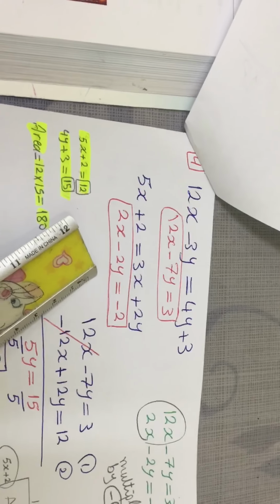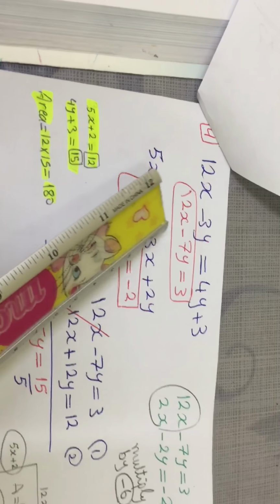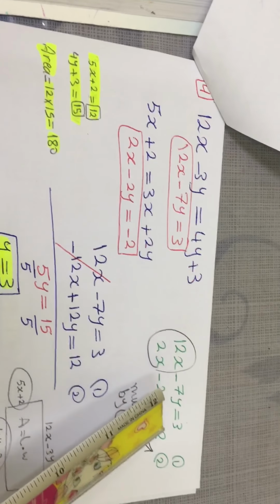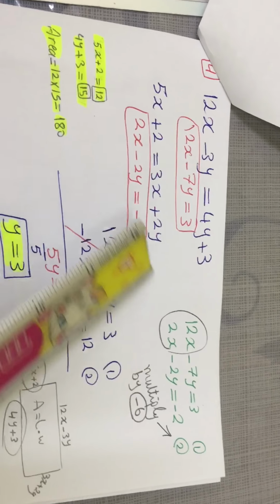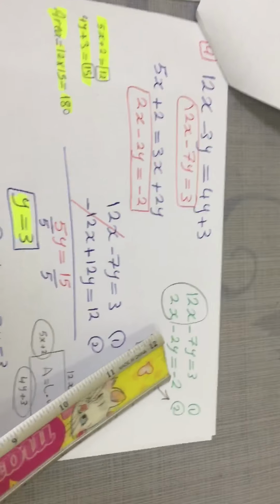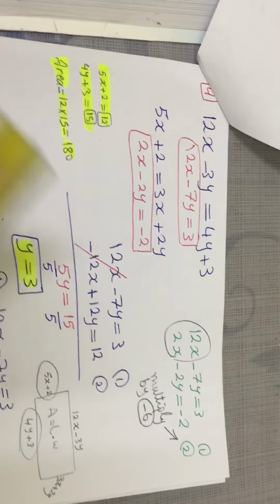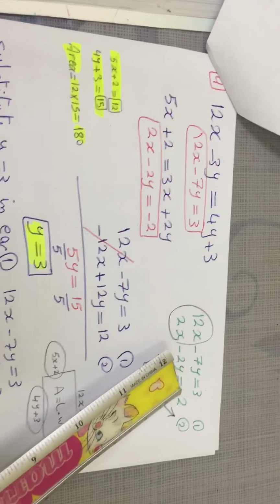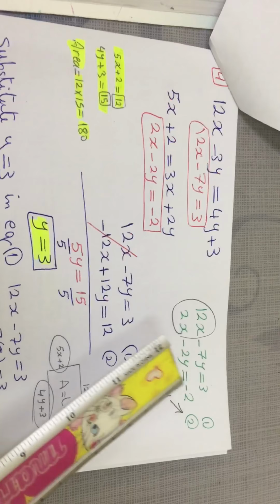Consider yourself starting from here, and you have two equations: 12x minus 7y equals 3 and 2x minus 2y equals negative 2. Okay, very interesting problem. I like it. Now I'll start my solution. I can't use substitution, but I'll use elimination.